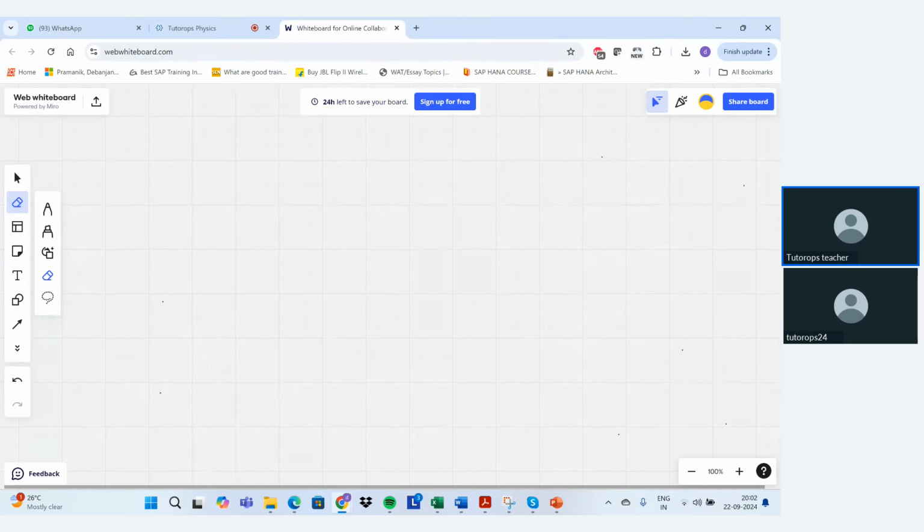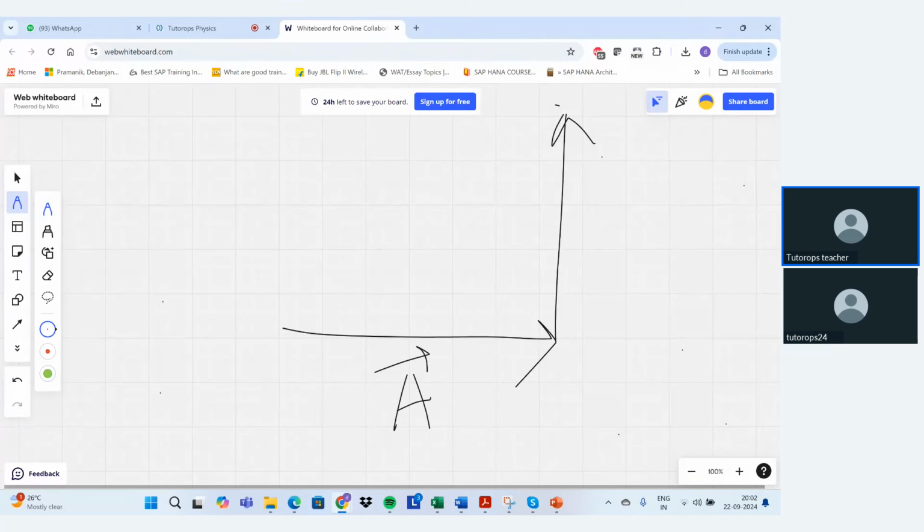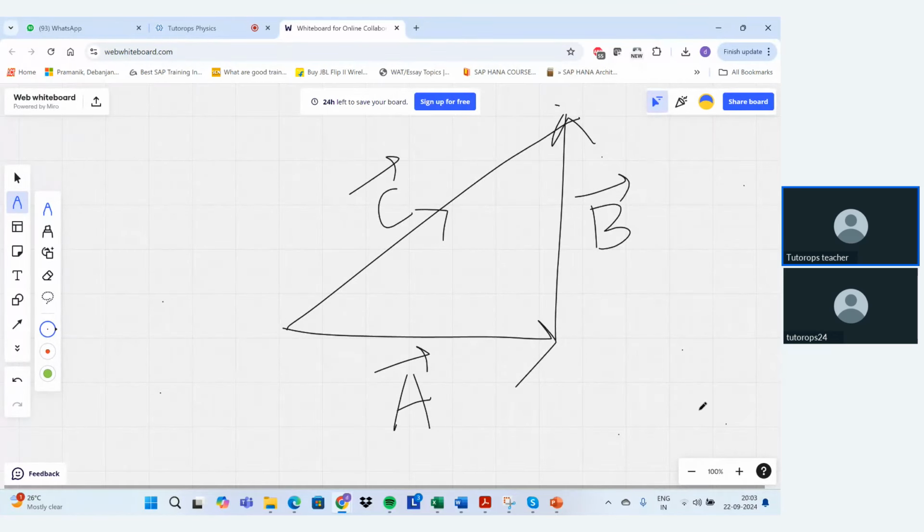For example, this is a force applied, and the other force is applied in this way. So this is one vector, maybe A, and this is a vector B. The resultant vector will be C. So I can write C equal to A plus B.